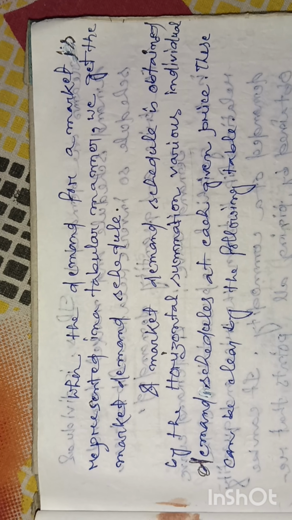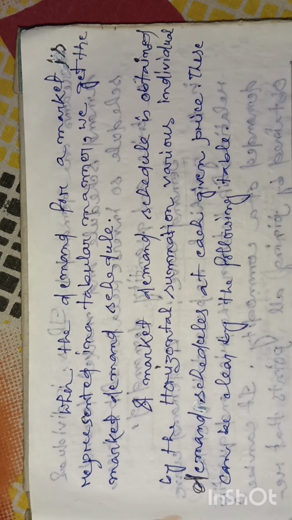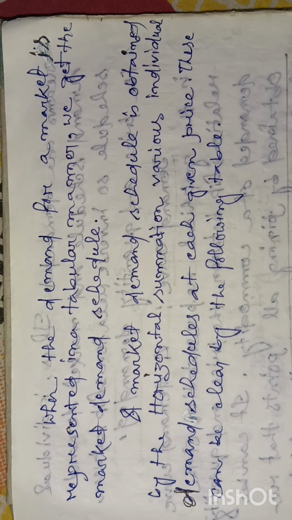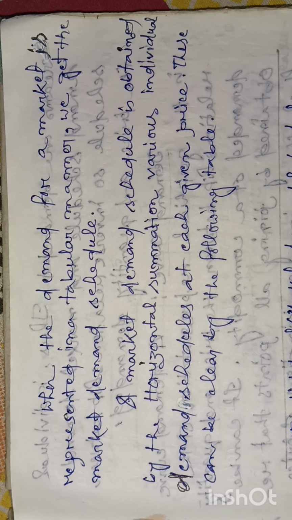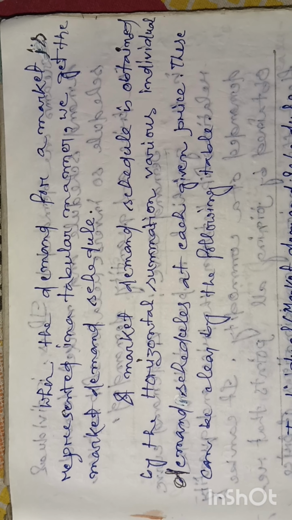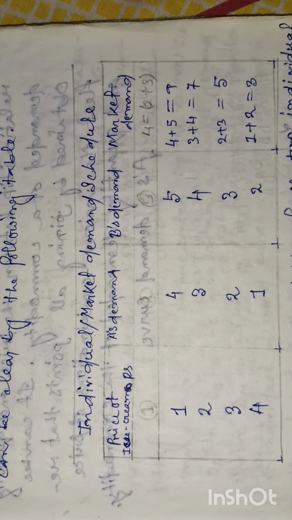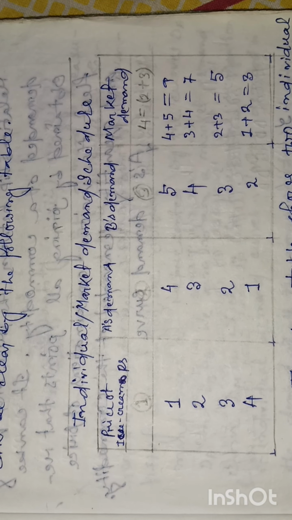When the demand for a market is represented in a tabular manner, we get the market demand schedule. A market demand schedule is obtained by the horizontal summation of various individual demand schedules at each given price. This can be made clear by the following table: individual and market demand schedule.